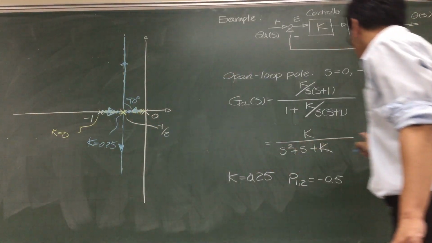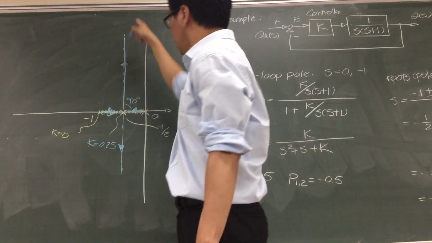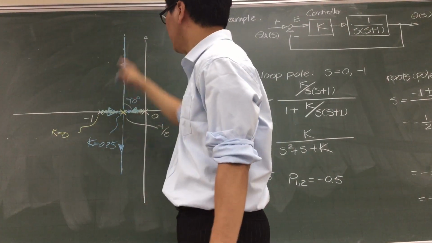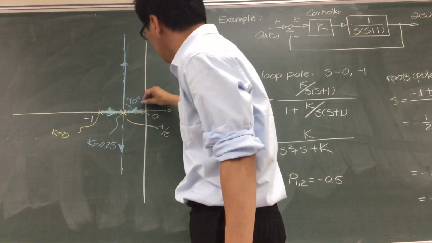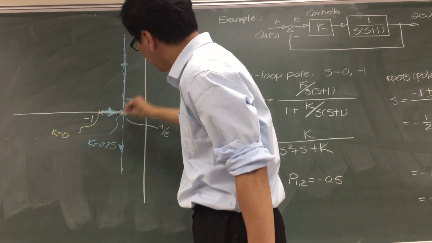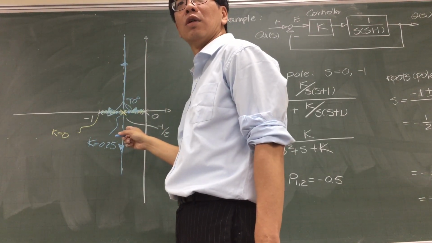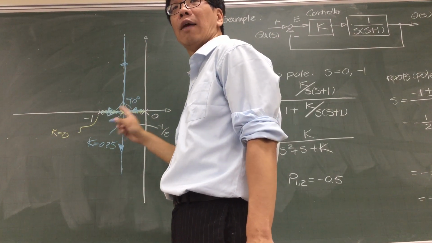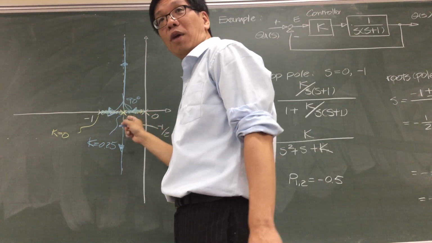But since this is a second order system, we know the real part is a constant. When it is constant, it is going to be a straight line. So one moves up and the other moves down. However, at this moment, you don't really know which one goes up. That will be something we need to figure out later. They have a locus, but it's not going to be a sharp turn over here.